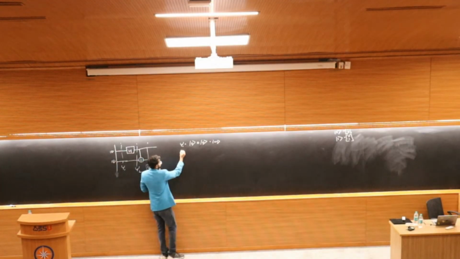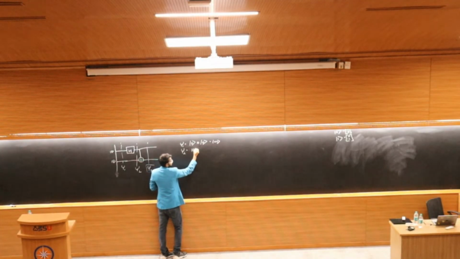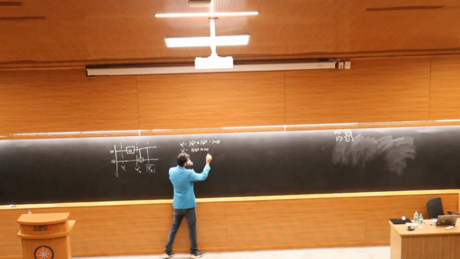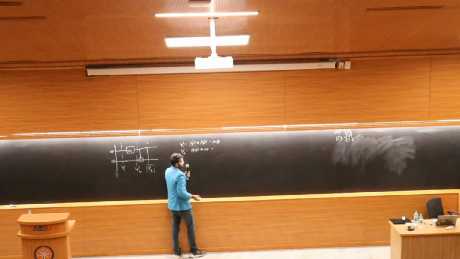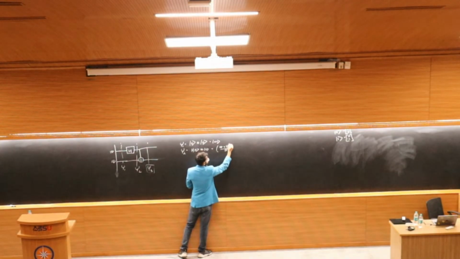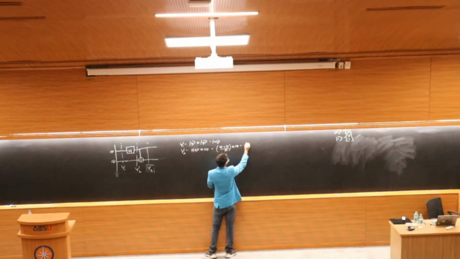So my psi2: the Hadamard is applied on the first qubit and the second qubit stays as it is. If I apply a Hadamard gate on 0, it changes to 0 plus 1 by root 2, cross 0. I'll put it inside, and it will look something like this.